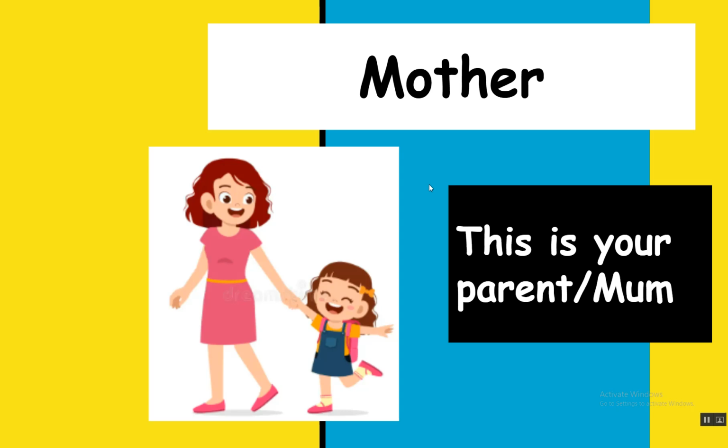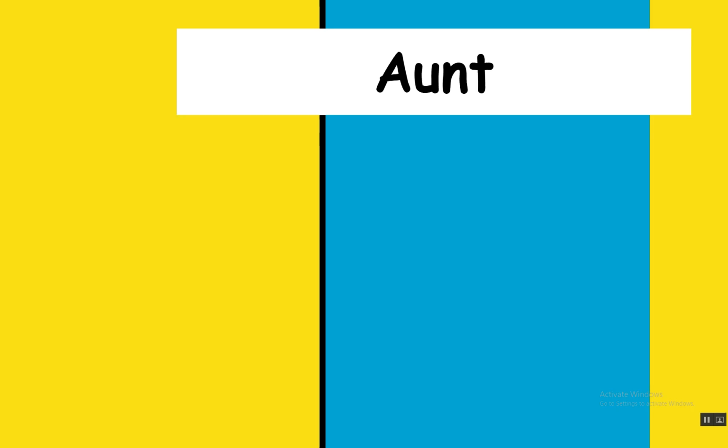So your parents, if it's plural, your parents are mother and father. You could have two mothers. You could have two fathers. These are your parents, the people who look after you.